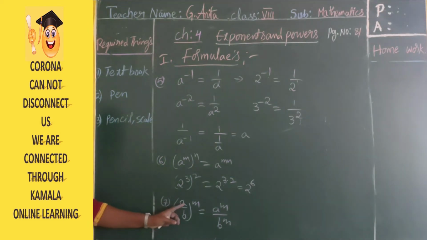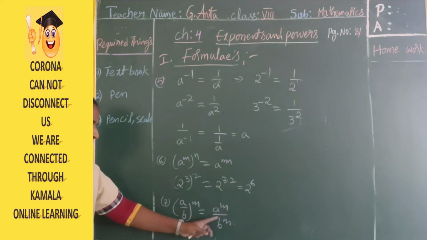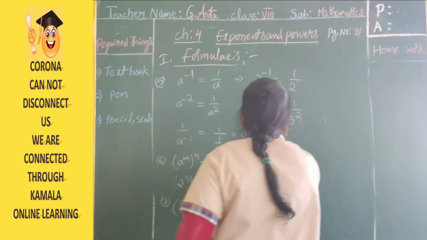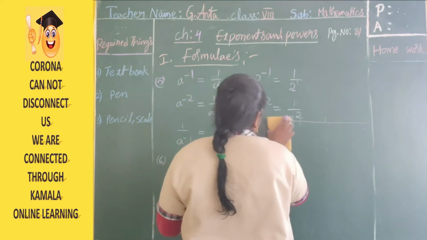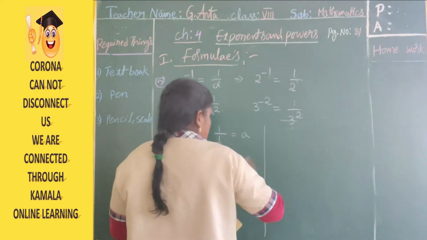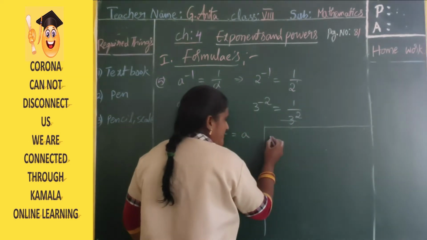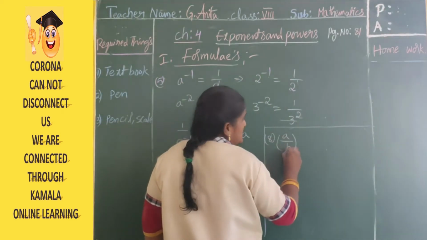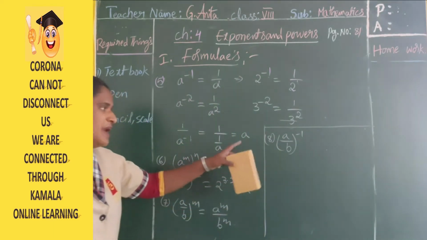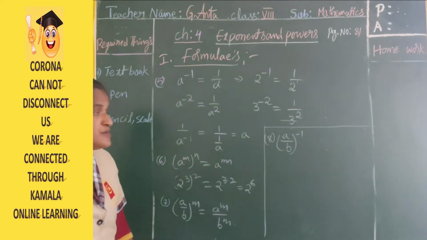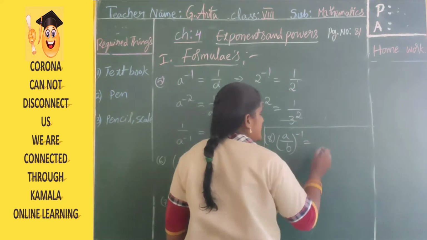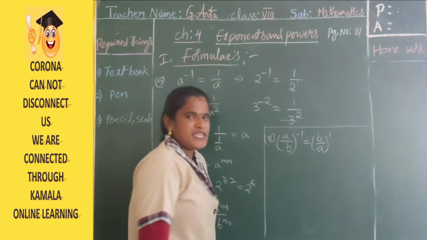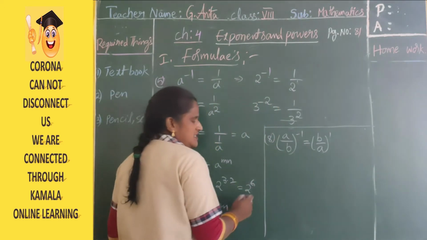Next, the eighth one, (a by b) whole power minus 1 is given. So we can directly say this is (b by a) whole power 1. Yes or not? How is it possible?